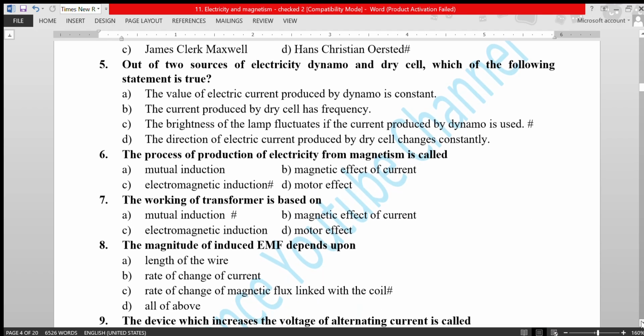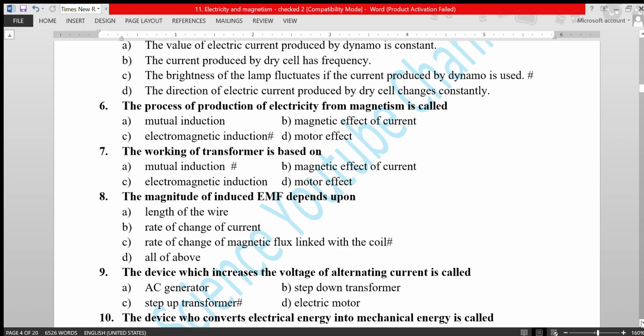Mutual induction means the phenomenon of production of electricity from magnetism and then magnetism from electricity turn by turn. The magnitude of induced EMF depends upon, obviously, the rate of change of magnetic flux linked with the coil.